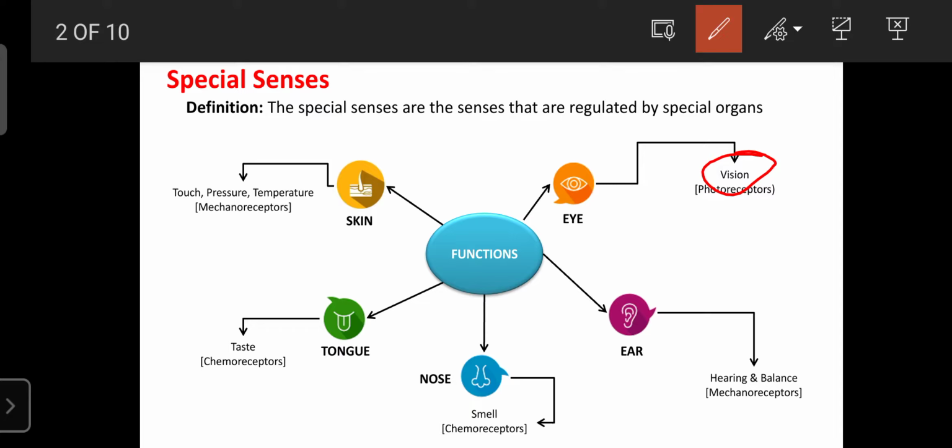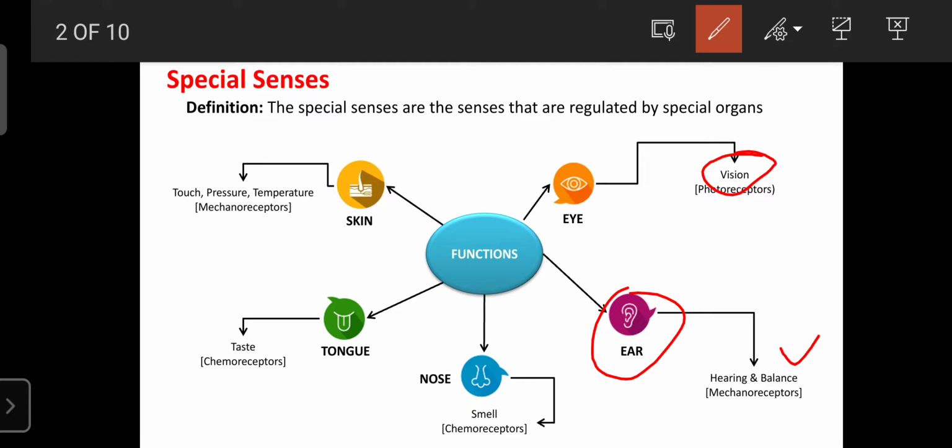The second special organ is the ear. The ear plays an important role in hearing and balance. The ear also converts sound waves into impulses. Sound waves strike the eardrums.